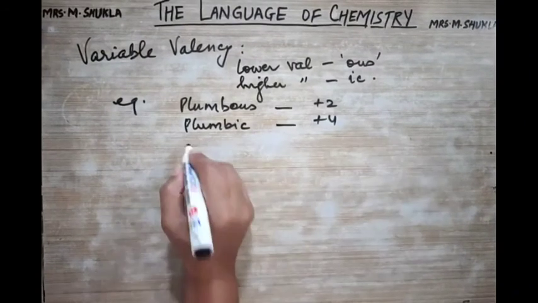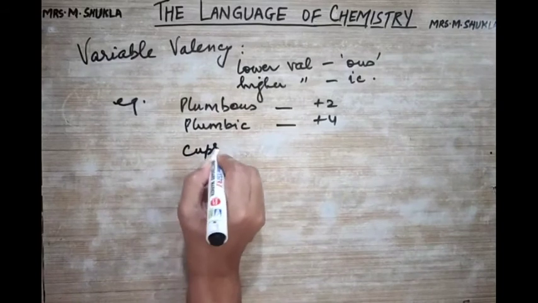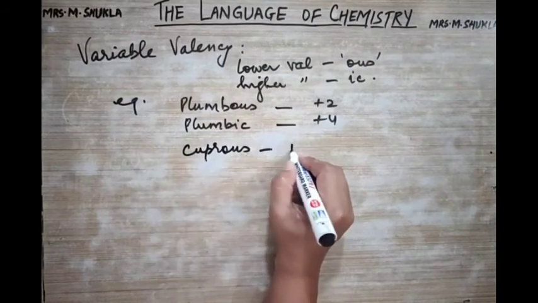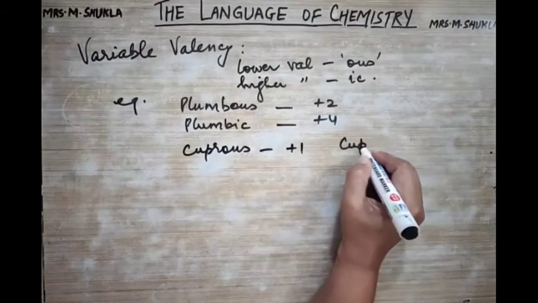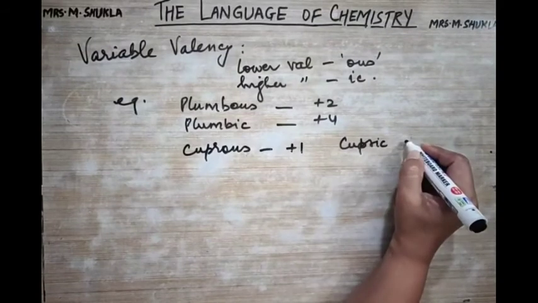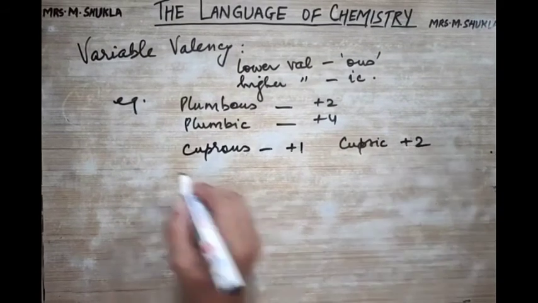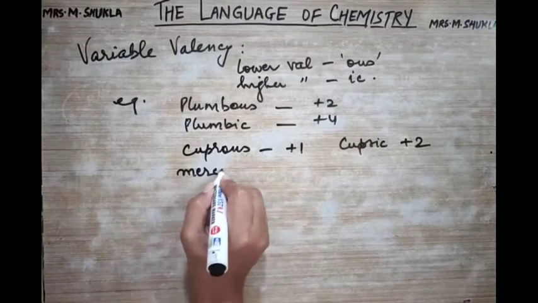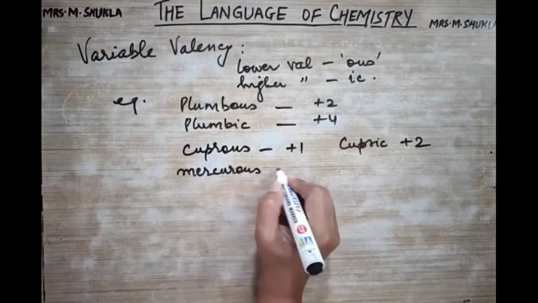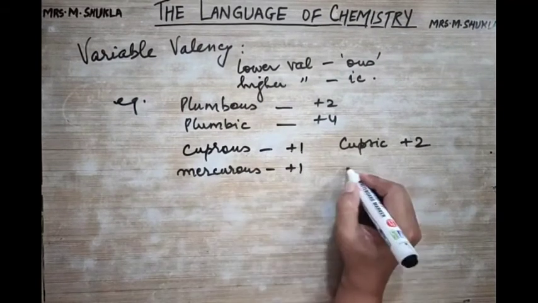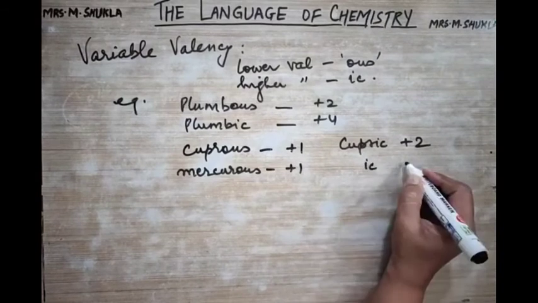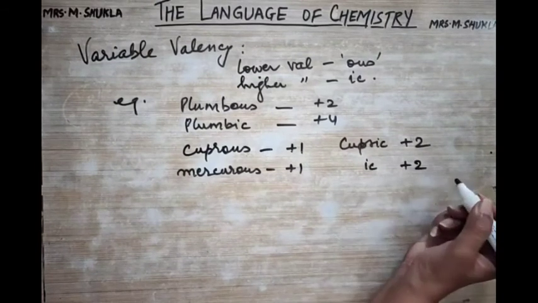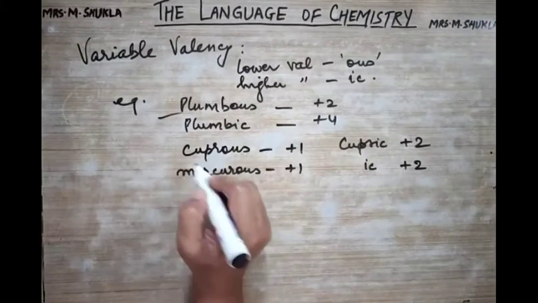Correct? Let's take another example. Cuprous, +1. Cupric, +2. Take another example. Mercurous, +1. Mercuric, +2.